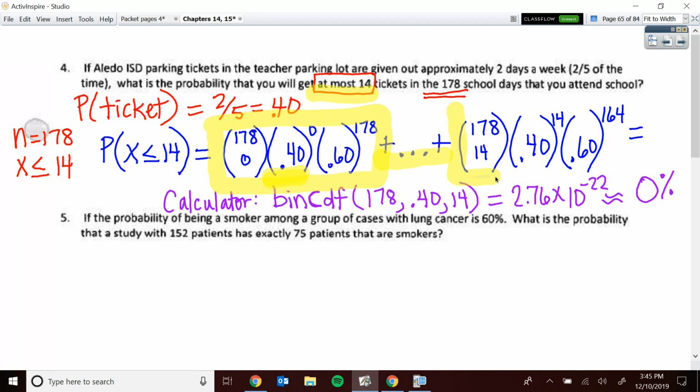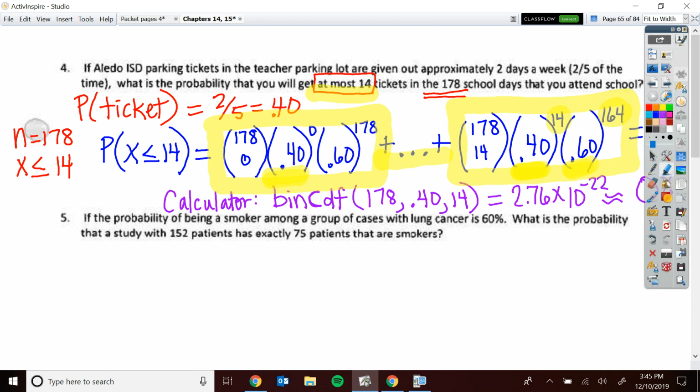Look at what this last one is doing. That's representing 14 tickets, so 0.40 to the 14, and here 0.60 to the 164. How did I get 164? I knew that something plus 14 has to total 178. So that's how I got 164 there.